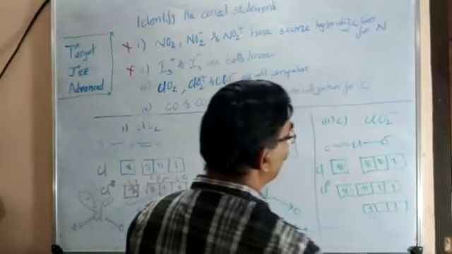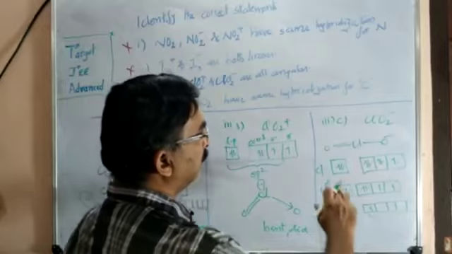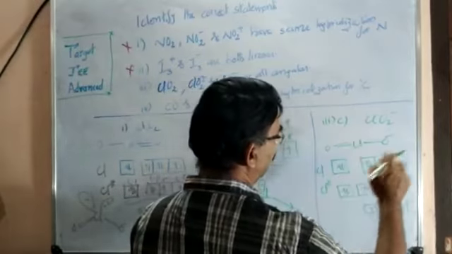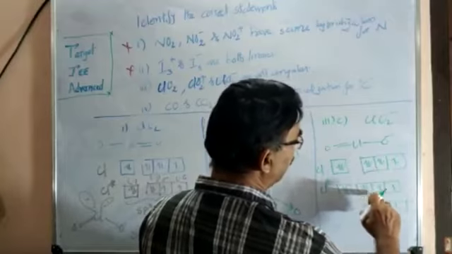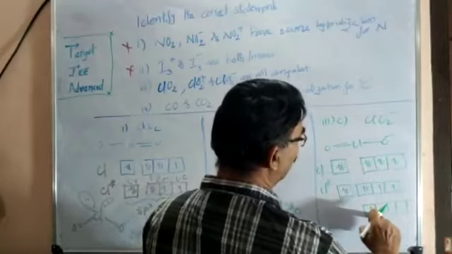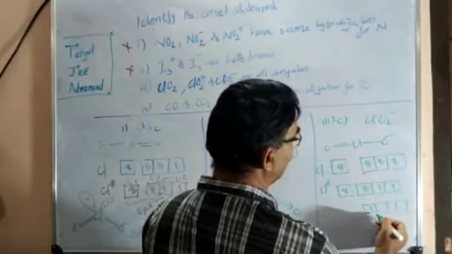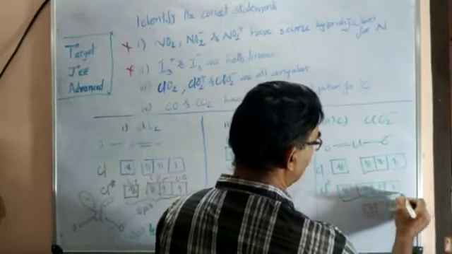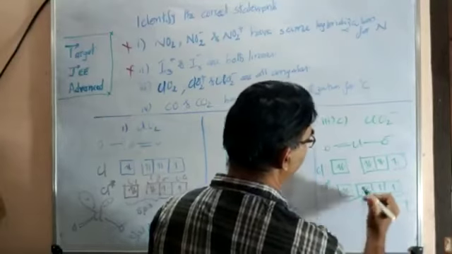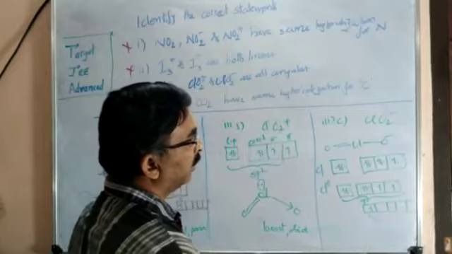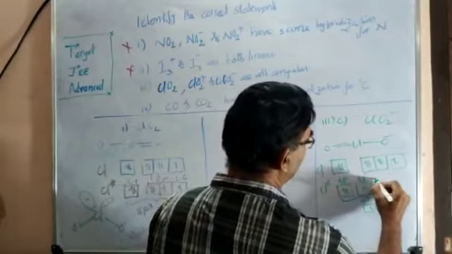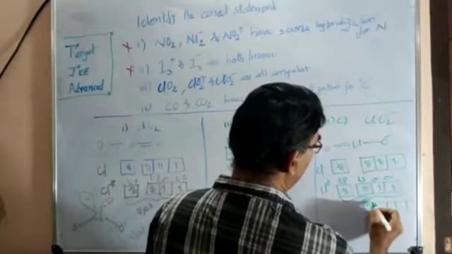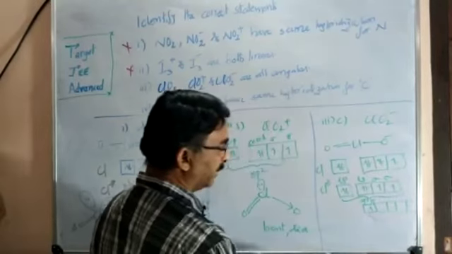This is lone pair, lone pair, lone pair, lone pair, 2 sigma bonds, 1 pi bond. The pi bond should not be hybridized: sp3. Lone pair, sigma, sigma, pi. Pi is not hybridized.